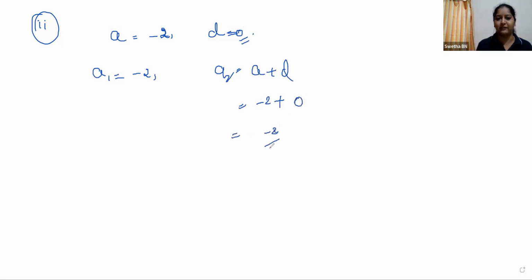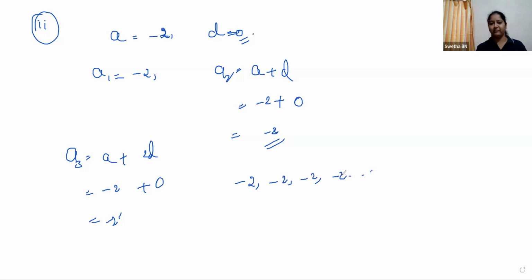There is no common difference, so -2. What is A3? A plus 2D. A is equal to -2, 2 into 0 is 0. So again, we are getting -2. So what will be the numbers? First term is -2. Second term is also -2. All the numbers are the same. Got it?